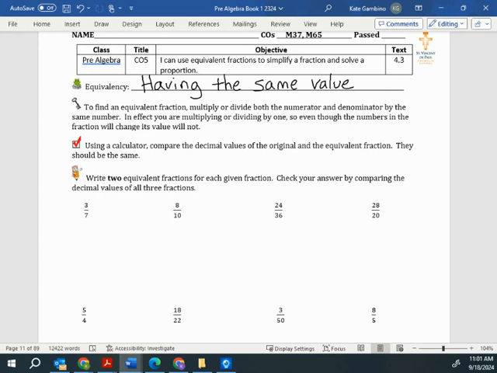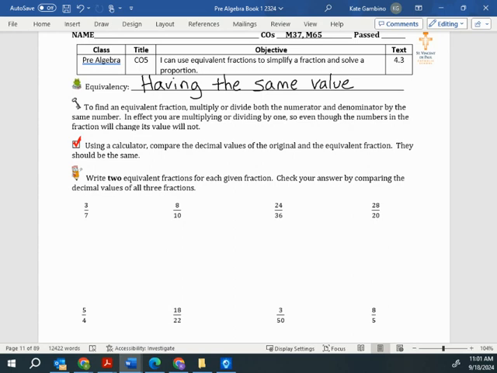To find an equivalent fraction, you're going to multiply or divide both the numerator and denominator by the same number. In effect, you are multiplying or dividing by 1. So even though the numbers in the fraction will change, its value does not. So if we're multiplying the top and the bottom both by 4, that's 4 over 4 that we're multiplying by. 4 over 4 is 1.